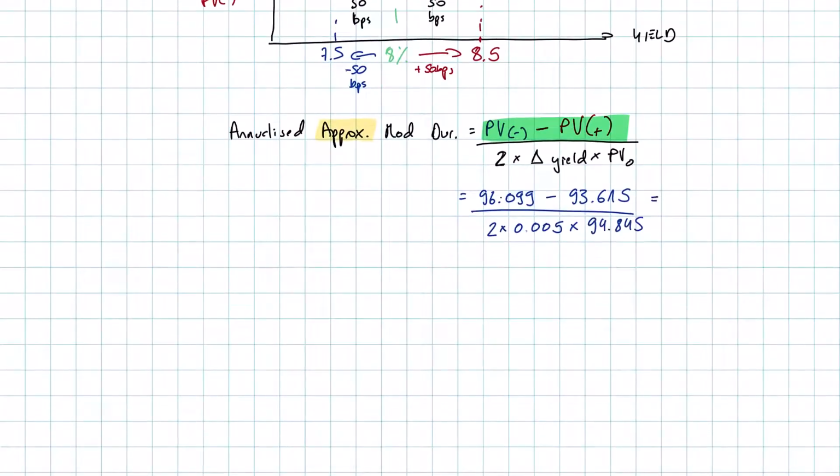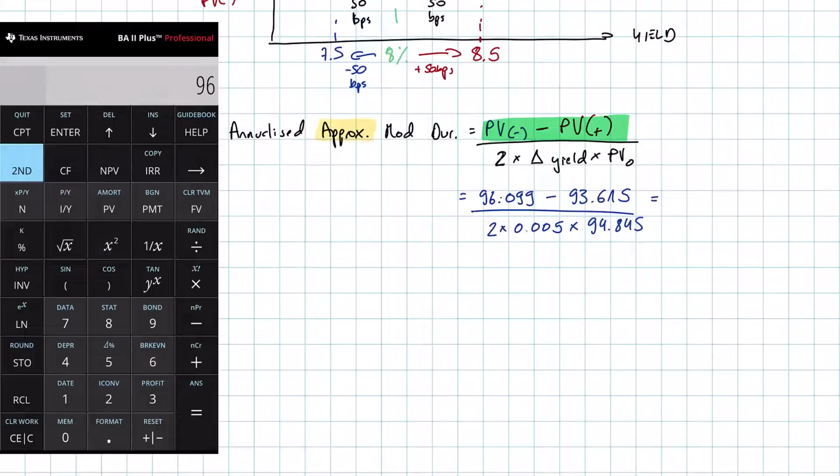94.845, and let's see what this gives on the calculator. So let me get my recording started on the calculator. Here we go. Right, 96.099 minus 93.615 equals, and divide all of this.